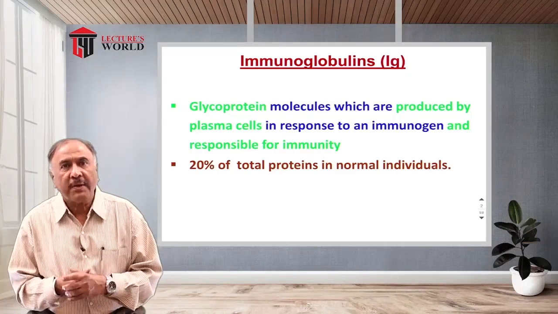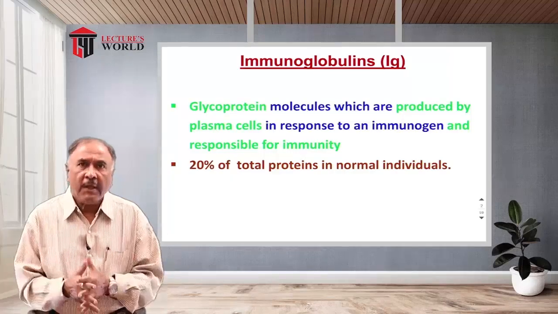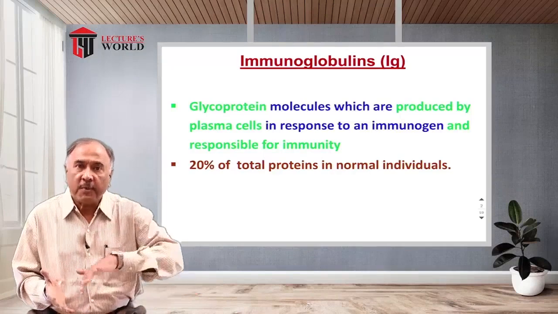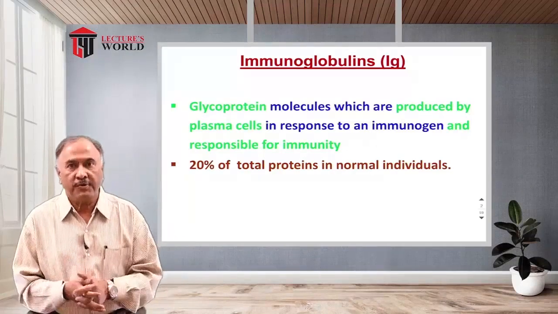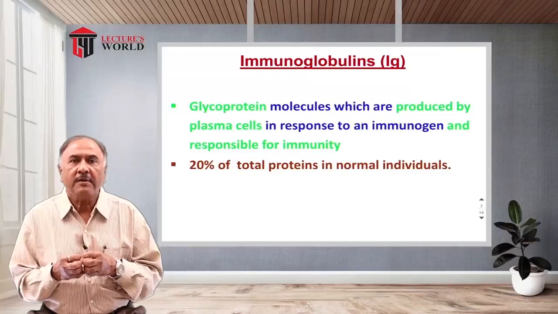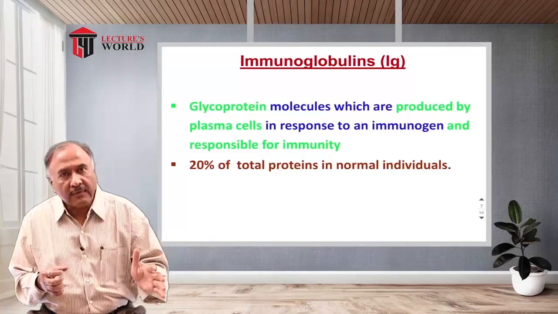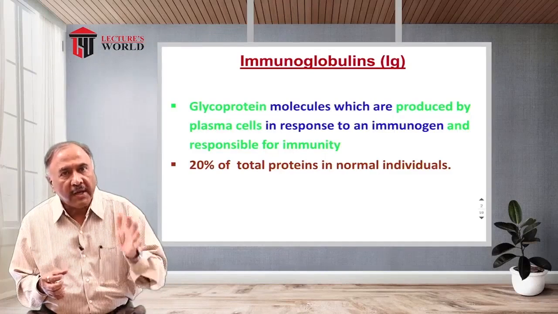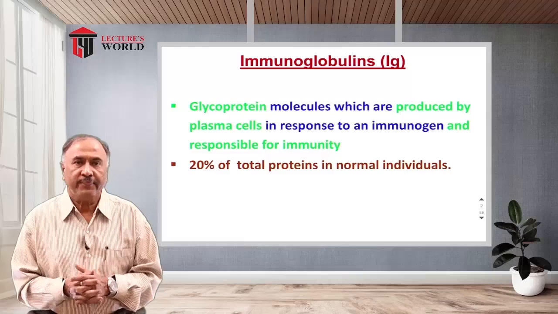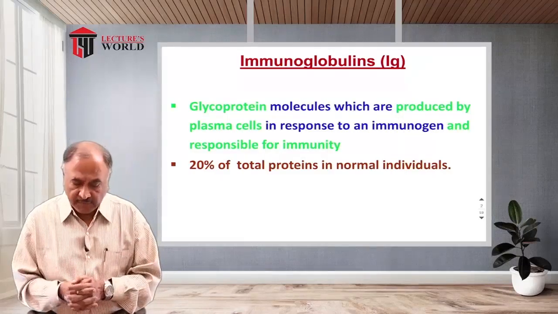How is it going to impart the resistance? Because it is very simple that these glycoproteins which are produced in response to the immunogen will bind with them, and as a result these immunogens, that is the antigens or the foreign molecules, are destroyed by different mechanisms.